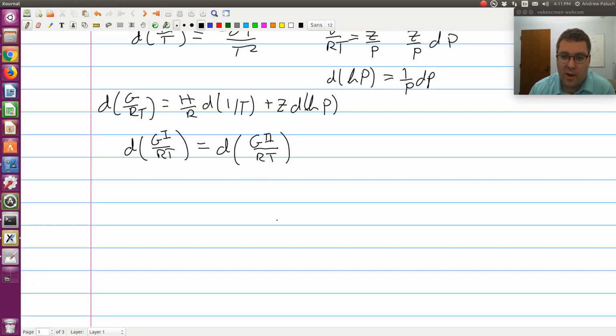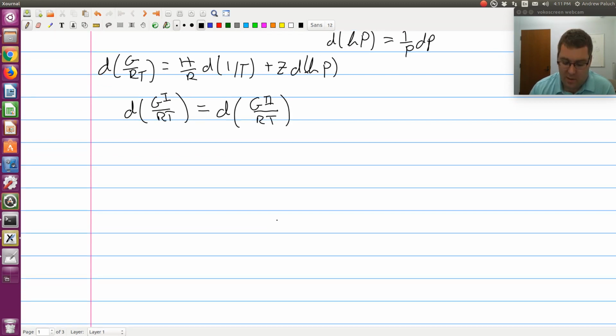All I'm going to do now is, on the left-hand side, expand out this differential of dimensionless g for phase 1, and then do the same thing on the right-hand side for phase 2.